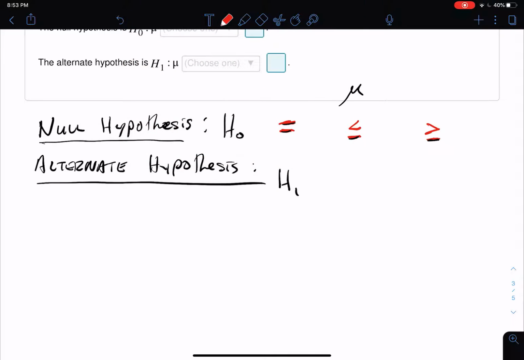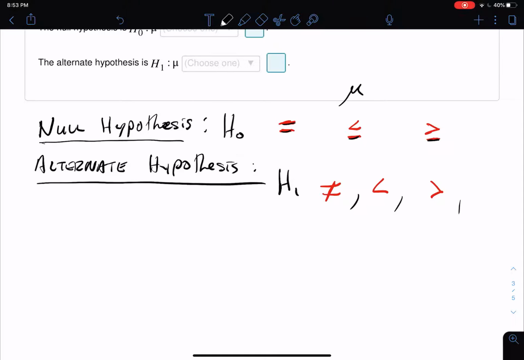The symbols we use for that would be not equal, or less than, or greater than. But there is not going to be any equality involved in this statement. Not equal, less than, or greater than. Okay, so those are the three possibilities. And those three possibilities tell us the type of test we're going to do.